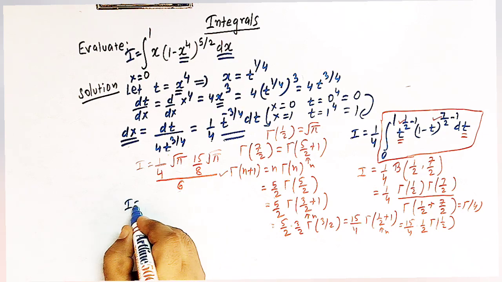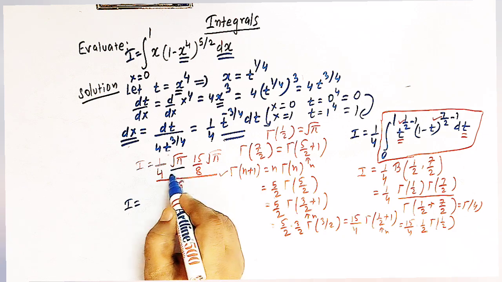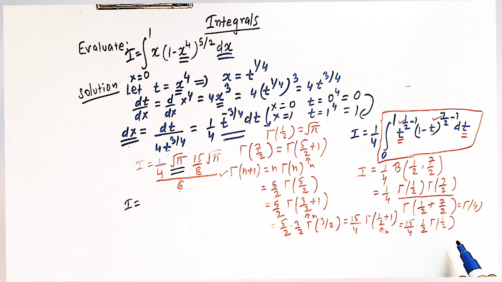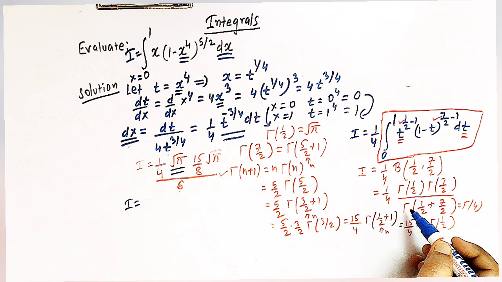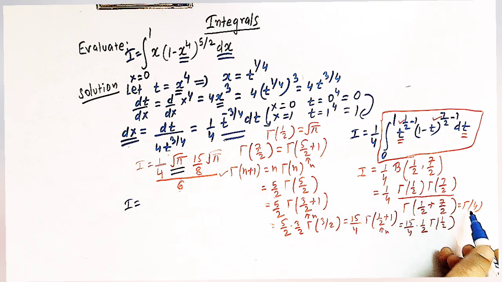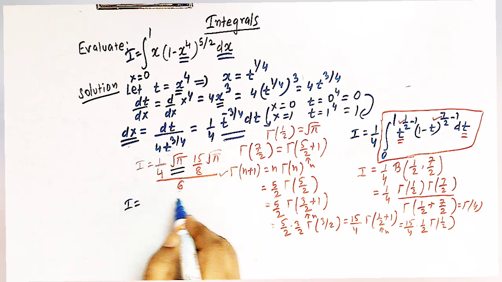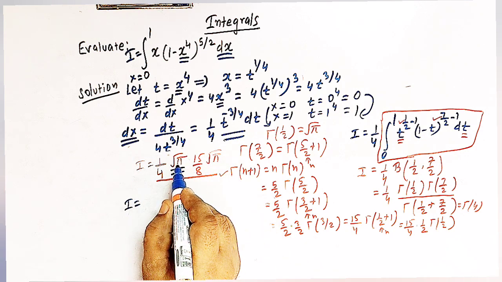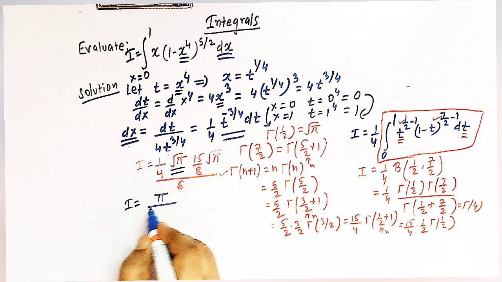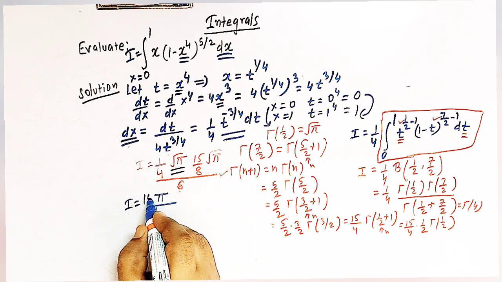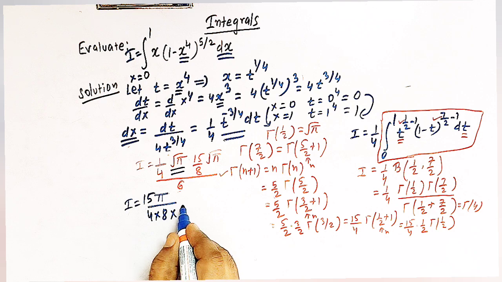So I is now equal to 1 by 4, and gamma of half is square root of pi. Gamma of 7 by 2 is 15 over 8 times square root of pi, and gamma of half plus 7 by 2, that is gamma of 4, that is equal to 6. So now we can simplify this expression. So square root of pi times square root of pi is simply pi, and in the numerator we have 15, and here we have 4 times 8 times 6, right?